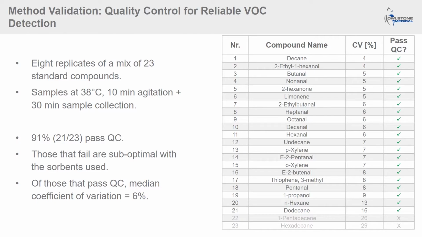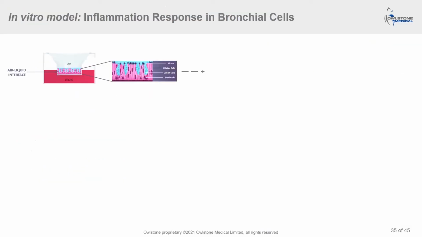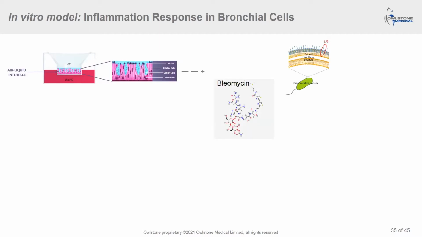So having the analytical method established and checked, we were feeling comfortable to move towards the in vitro model, where we used the MucilAir in vitro 3D model to look at inflammation. We induced inflammation in bronchial cells using bleomycin and LPS.